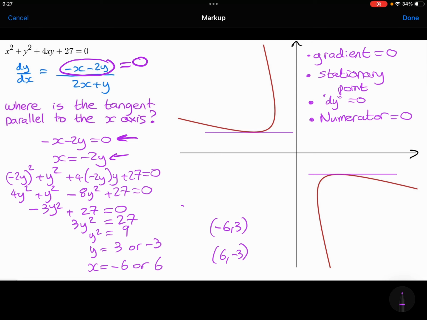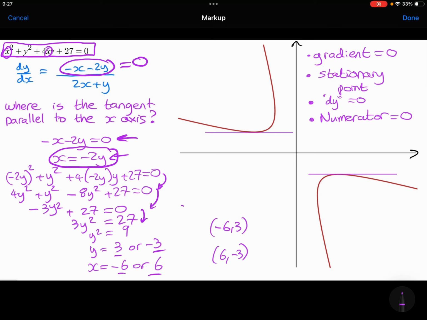I've then substituted that back into the original equation. So I'm doing simultaneous equations. So I've substituted minus 2y here and here. And then I've just gone through the steps of solving that equation and found that either y is 3 or minus 3, which I've then plugged back into that equation to work out the x coordinates.